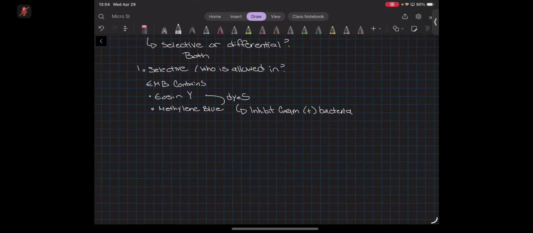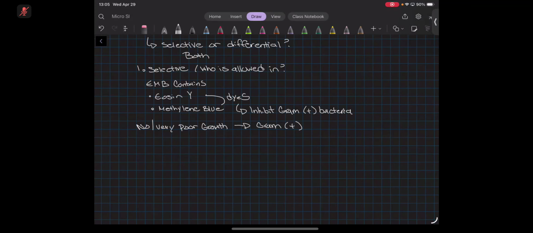Only gram negative. Right. So if you have no or very poor growth, is it gram positive or gram negative if you grew it on this agar? Gram positive, very good. Because the dyes inhibit gram-positive bacteria.